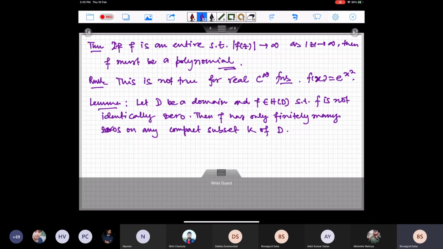So in fact, therefore, for example, we will see how I want to say this. So what am I saying here? I am saying that I have a domain, I have a holomorphic function which is not identically 0.